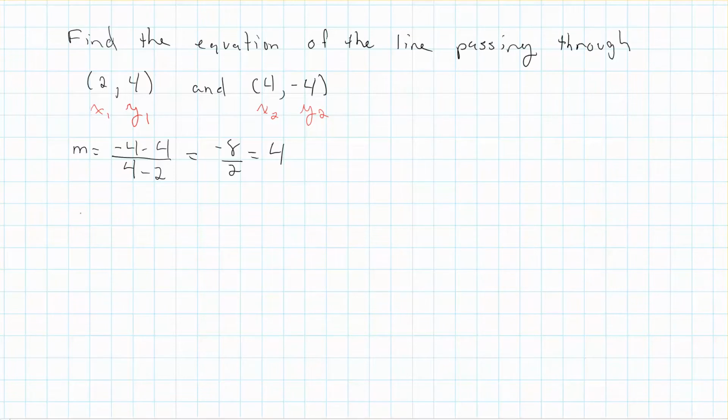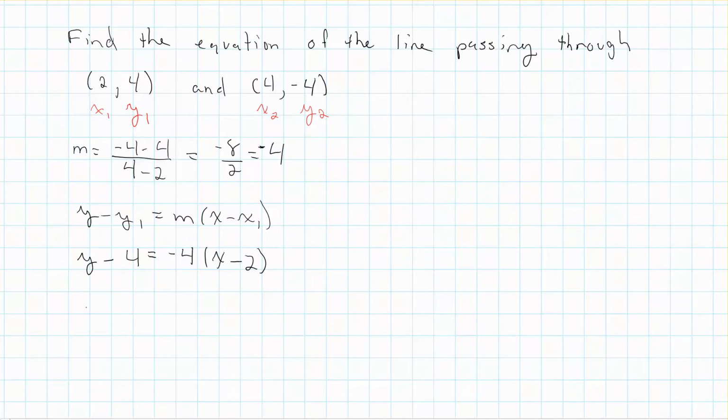So my point slope form again is y minus y1 is equal to m times x minus x1. And so we'd have y minus, well, y1 is 4, is equal to, I forgot my little negative here, the slope is -4, times x minus 2. Now we go ahead and still put this in slope-intercept form.